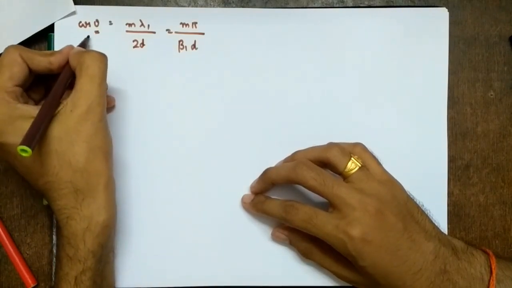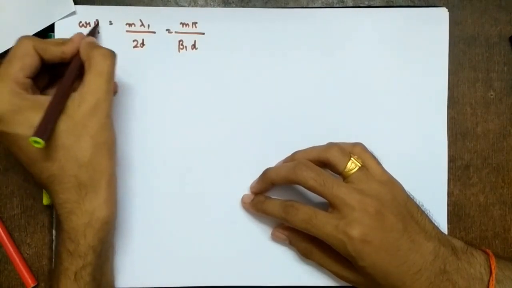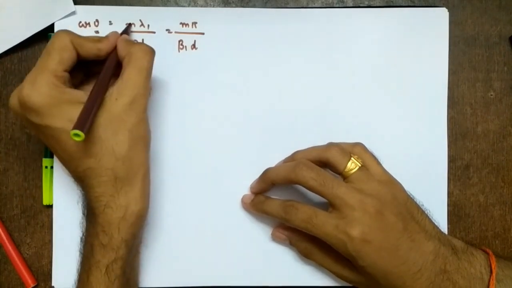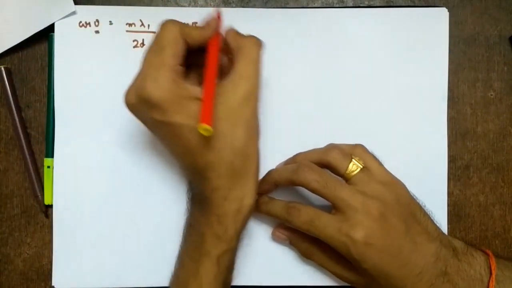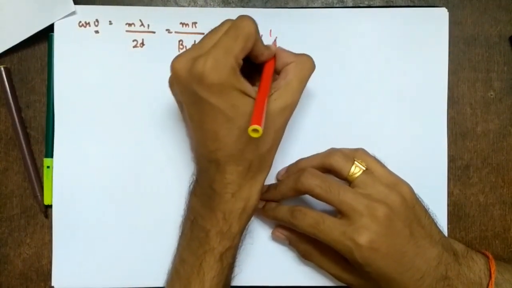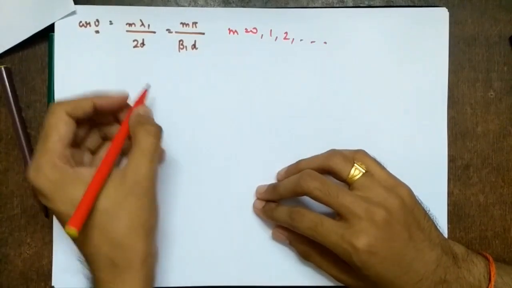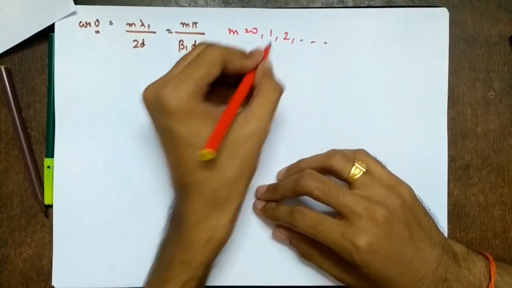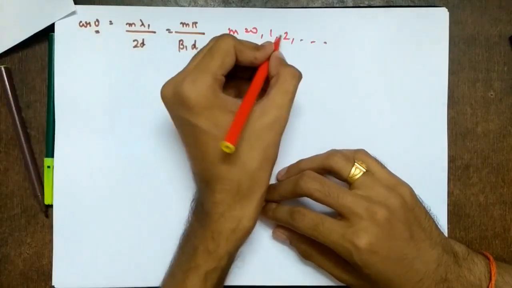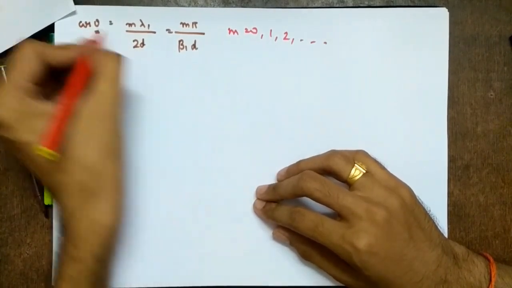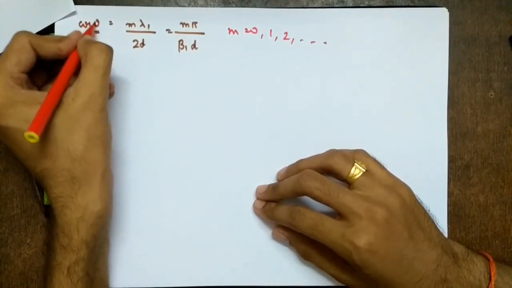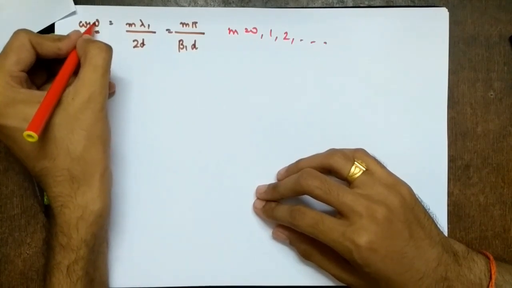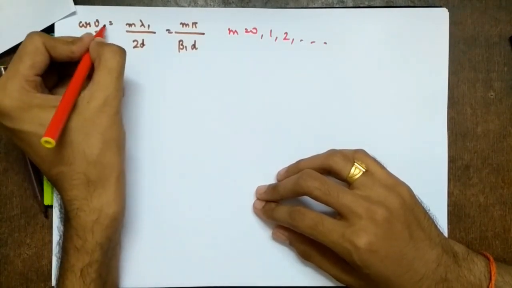Why can you not have all the angles? Because m is a discrete value. What is the value of m? m equal to 0, 1, 2, etc. If m is 0, theta is pi by 2. If m is 1, you will get some value. If m is 2, you will get some value. So you are not getting all infinite values of theta, that is, theta is not going from 0 to infinity, encompassing all values.